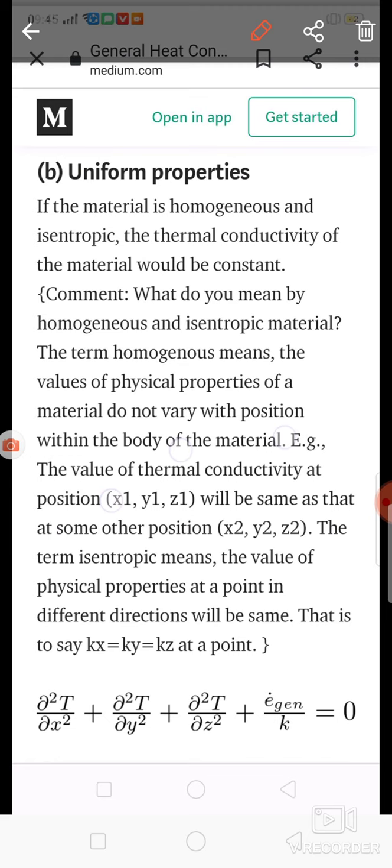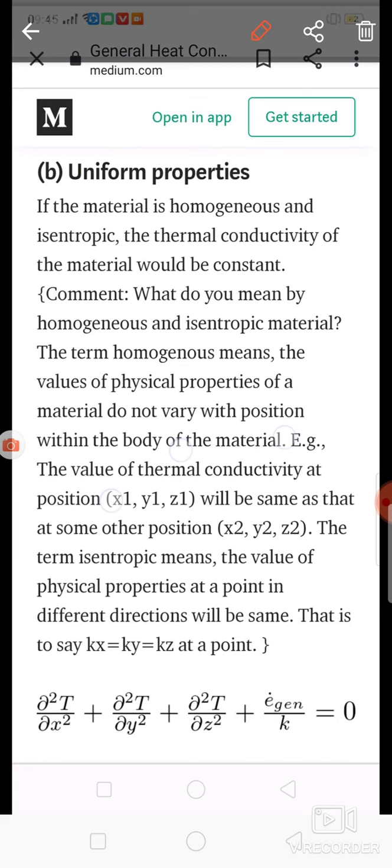For example, the thermal conductivity at position x1, y1, z1 will be the same as at another position x2, y2, z2. Isotropic means the value of the physical property at a point is the same in different directions, that is, kx equals ky equals kz. So we consider the thermal conductivity to be constant.